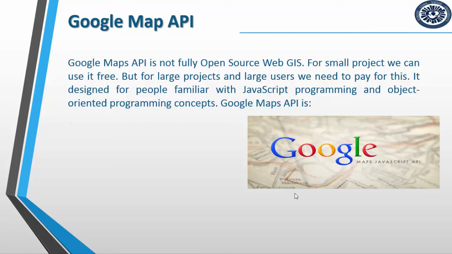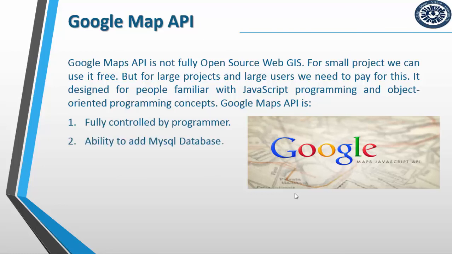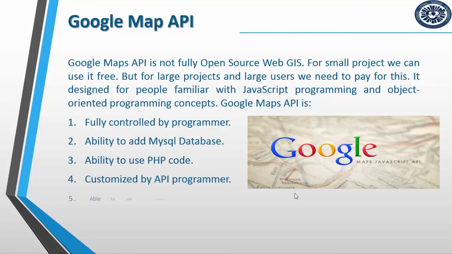Google Maps API is fully controlled by the programmer, with the ability to add a MySQL database, the ability to use PHP code, customized by the API programmer, and able to add a shapefile as KML. These are the benefits of Google Maps API.